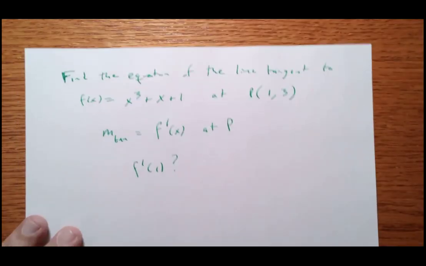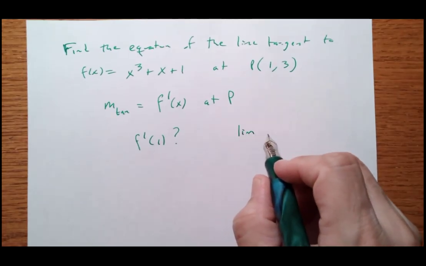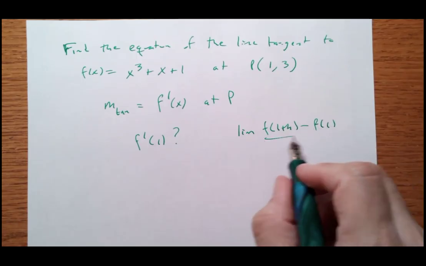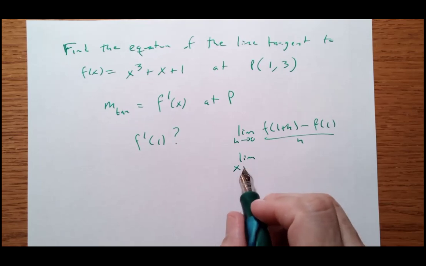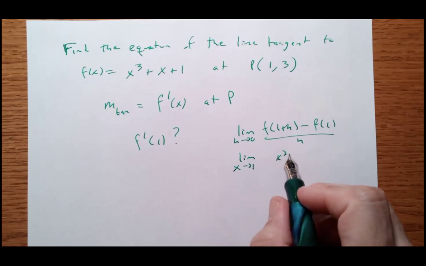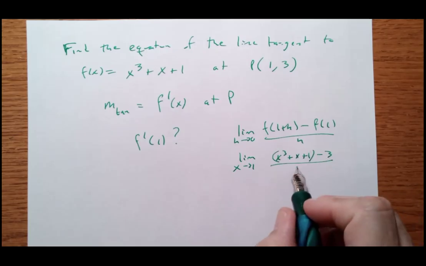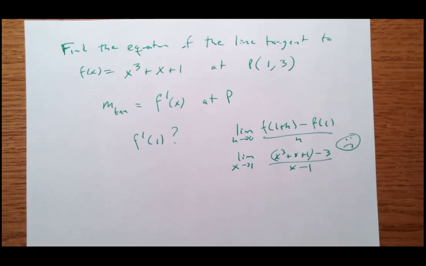But rather than do a limit, rather than do the limit of f of 1 plus h minus f of 1 over h as h goes to 0, or the limit as x approaches 1 of x cubed plus x plus 1 minus 3 over x minus 1, those are disgusting.